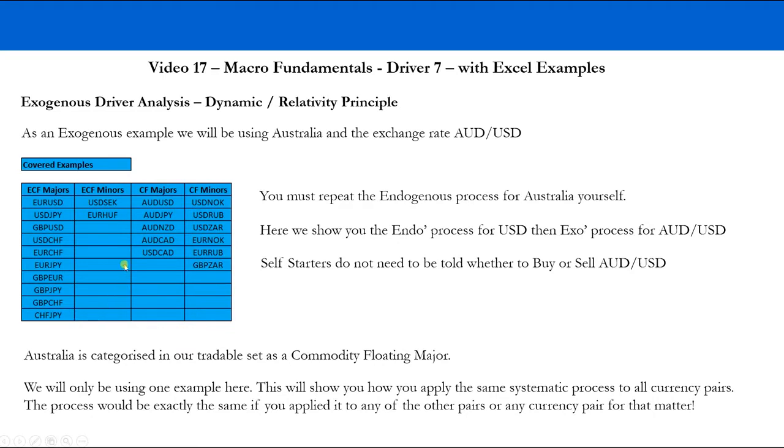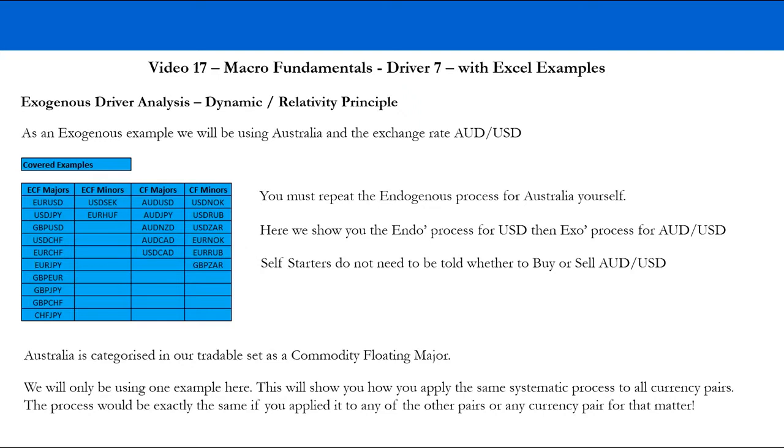So the value of their currency is exposed to a multitude of factors. And on the right hand side, we have all of our floating currencies, because we, again, want the opportunity to make money. So we stay away from fixed regimes, and we stay with floating regimes, focusing on floating. And the value of these currencies is very much weighted towards the value of one or two factors, so one or two commodities.